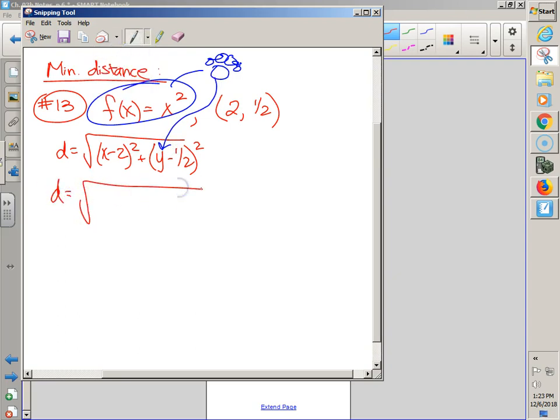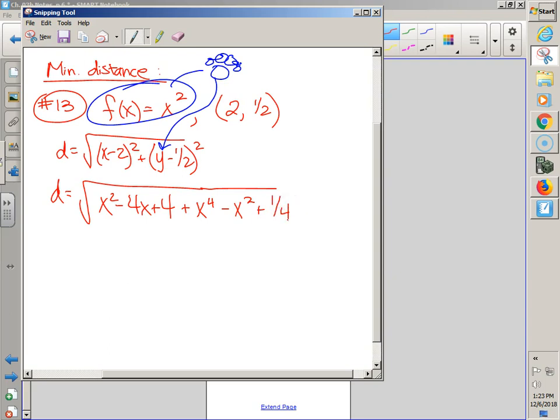I'm going to FOIL. Okay, now it gets a little awkward. Because now it's going to be x squared minus 1/2 squared. x squared times x squared is x to the 4th. Minus 1/2 x squared minus 1/2 x squared is minus 1x squared, plus 1/2 times 1/2 is 1/4.